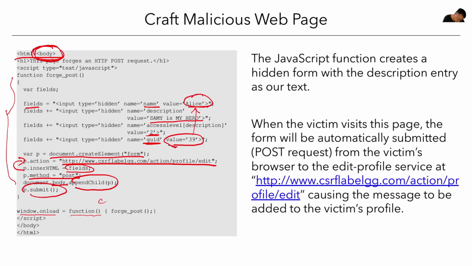This is called closure. You cannot say window.unload equal to a forge post. So you cannot do this, because when JavaScript tries to interpret this line of code, it will actually execute the forge post.